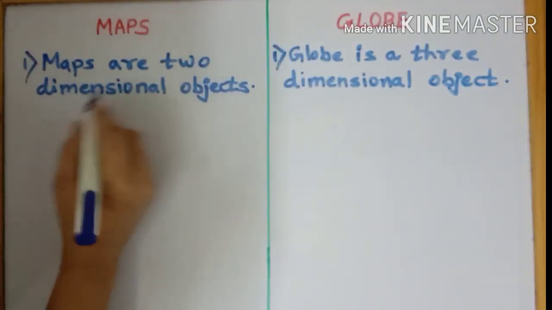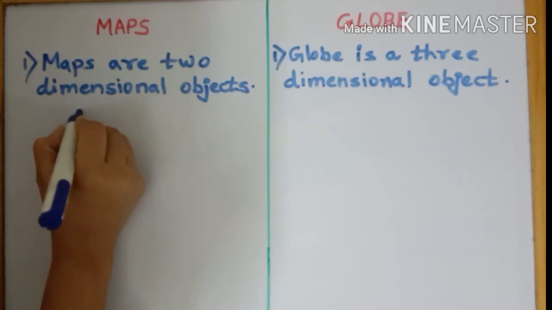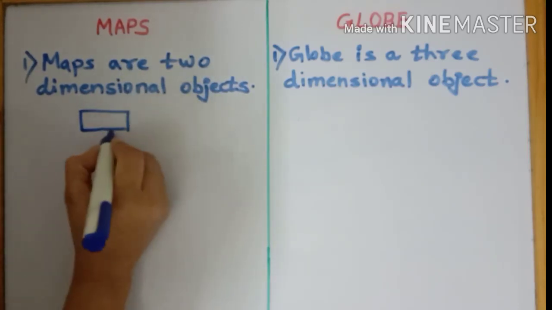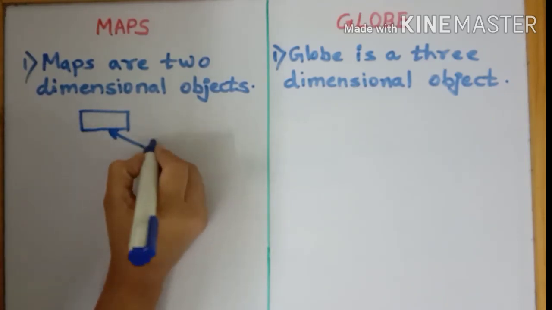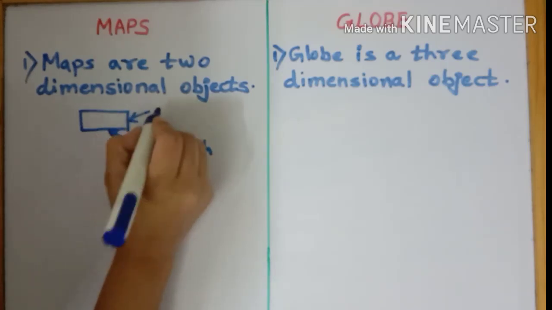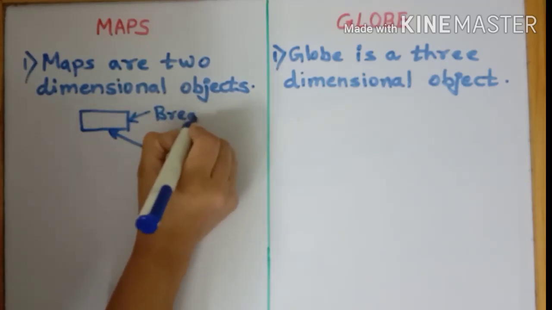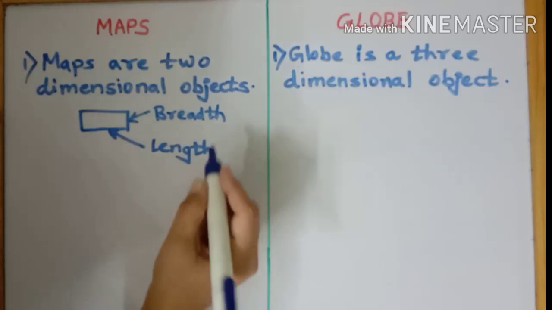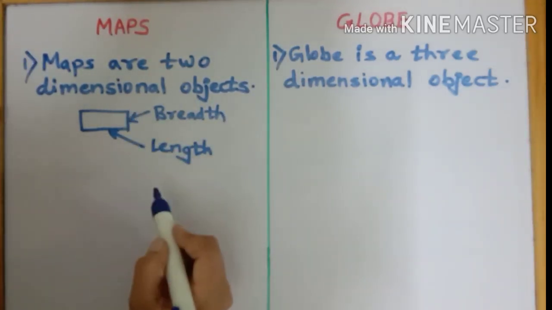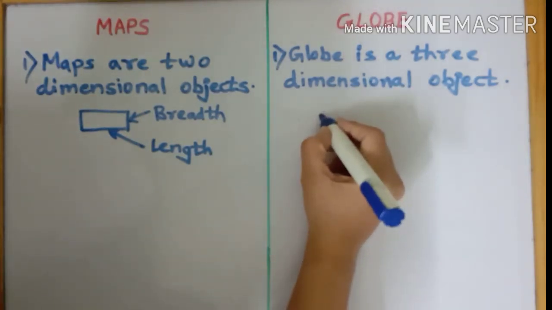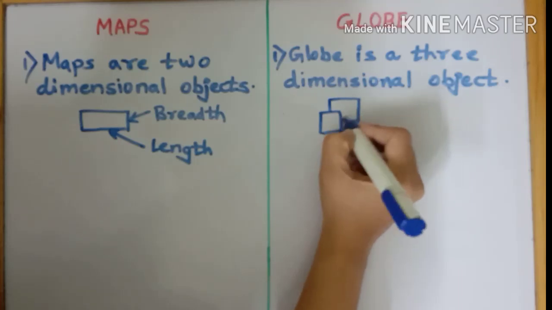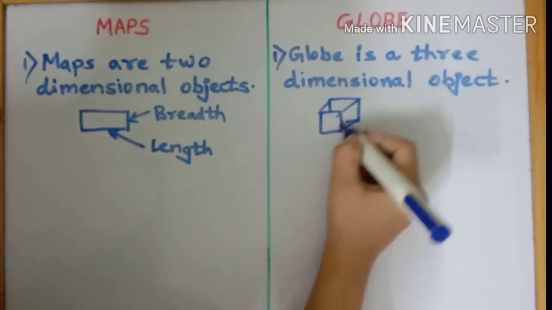Now see how it is two-dimensional. For example, here is a rectangle. This is nothing but length and this is breadth. Any object which has length and breadth is a two-dimensional object. And here it's a cube.